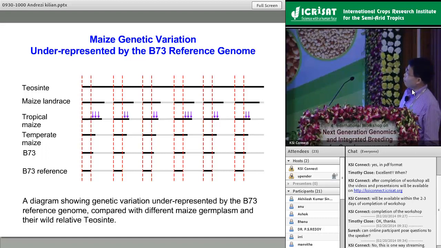And then the temperate maize, a lot, 30% lost. But based on the B73, that's the temperate maize, the whole genome reference only covers 90% of the B73. So you can see the big gap is left, okay?